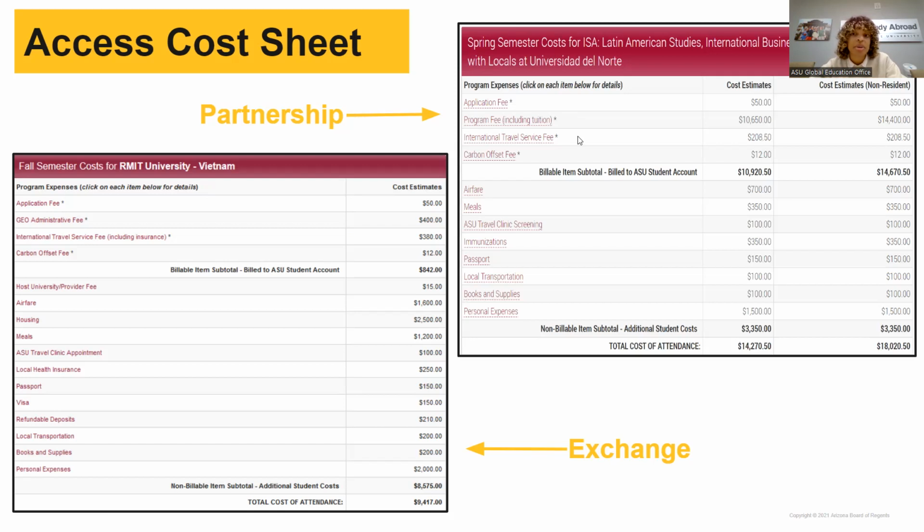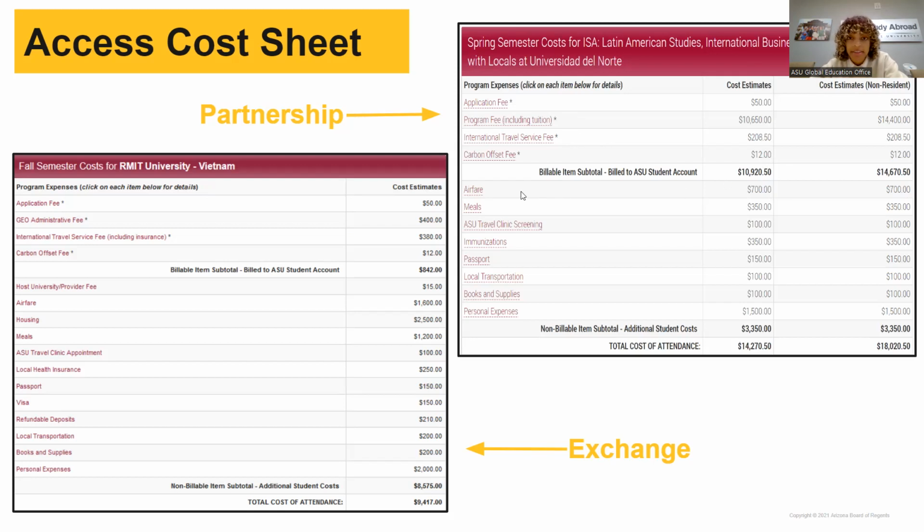This also includes tuition, so the cost of the class, and some additional items. Then you're seeing the international travel service fee and the carbon offset fee. So what's being billed in this example to your account is $10,000 if you are an in-state student, and then for non-residents, it's going to be $14,000.